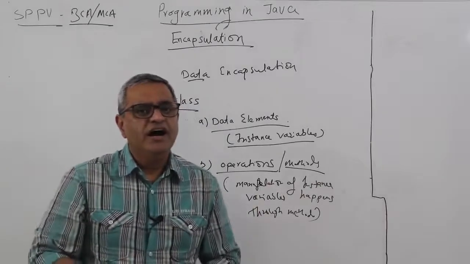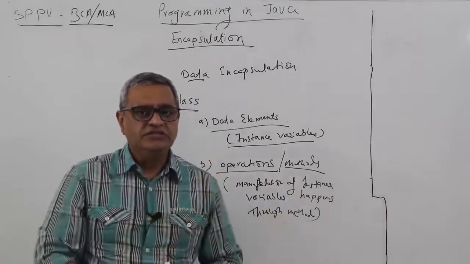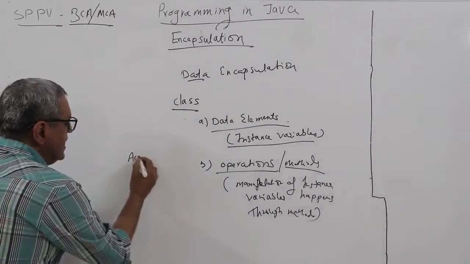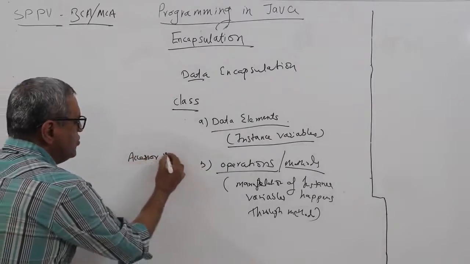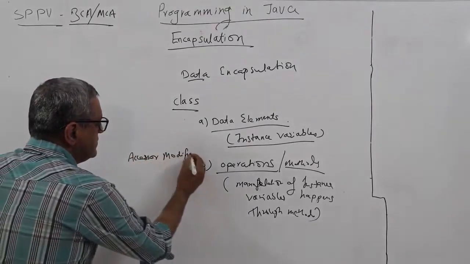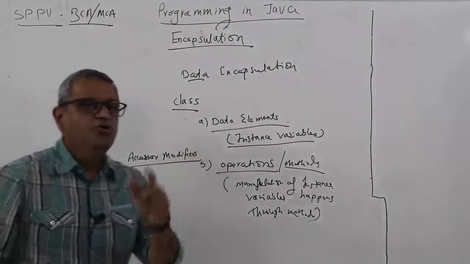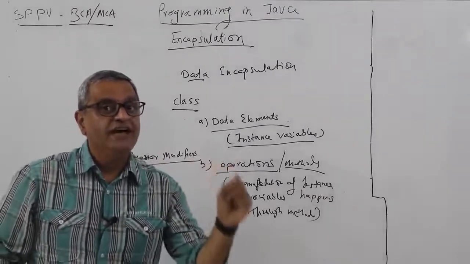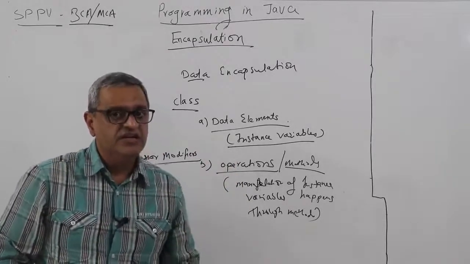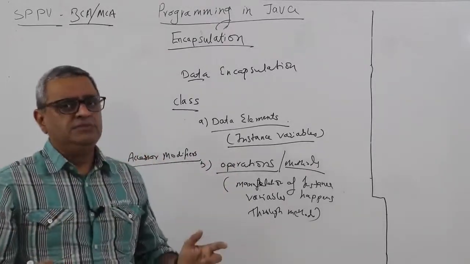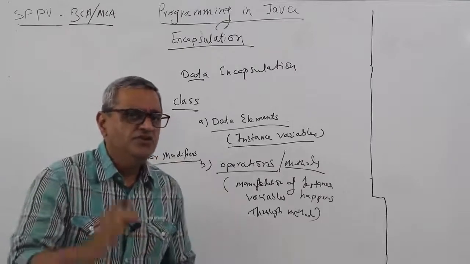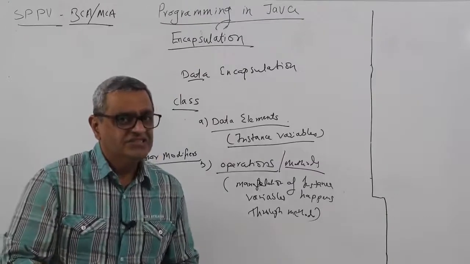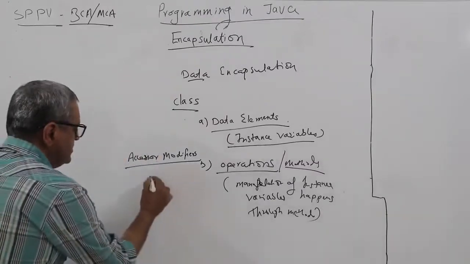Now how do we hide these data elements? We have something called access modifiers. Although we'll have a separate video to understand what all the access modifiers are, to understand encapsulation I will introduce you to one critical access modifier, which is private.